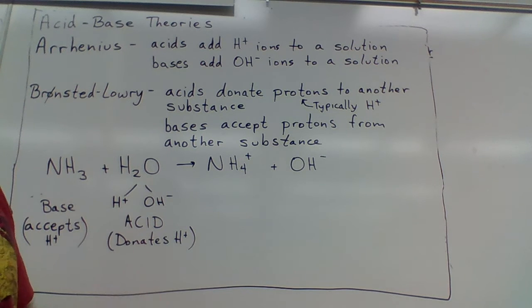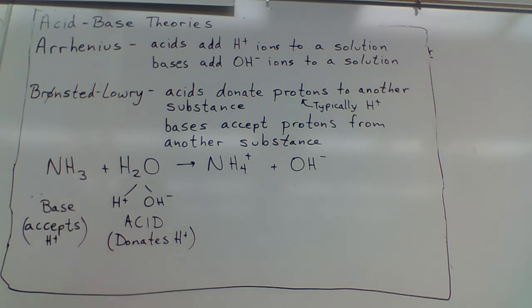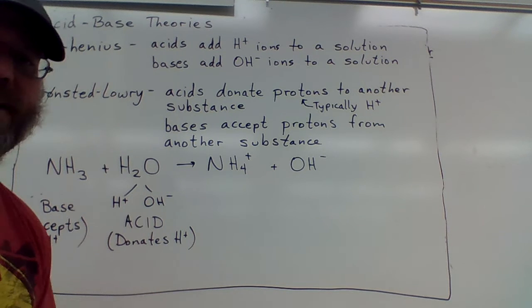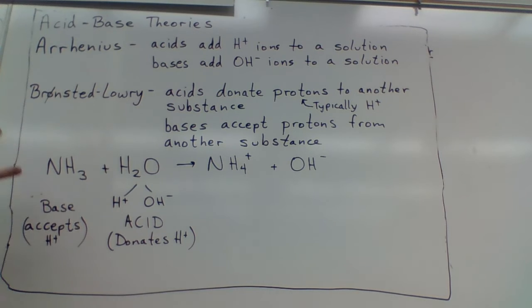If we look at ammonia, at first glance it doesn't have any H+, OH-, anything in it. So it doesn't really fit the Arrhenius definition. We can't see where that H+ or that OH- is coming from. So what Bronsted and Lowry said is that when ammonia and water get together, again, water has the H+ and OH- ion, the water is going to be the acid.